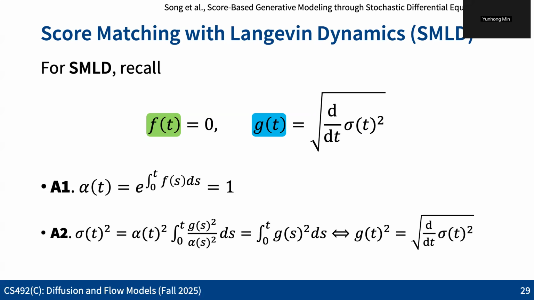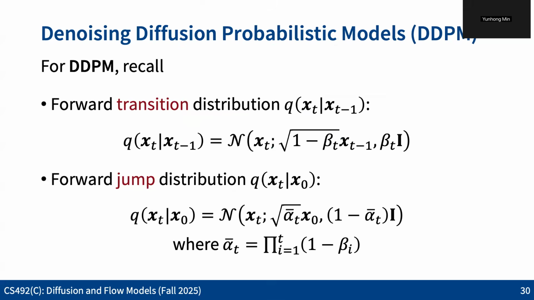So we could see that from the forward transition distribution, we derived these two things. And from the previous formulations, from this we can also define the reverse distribution. And these two distributions were aligned with our definitions for the SMLD. So this is clear. It might be slightly more complicated for the DDPM case.